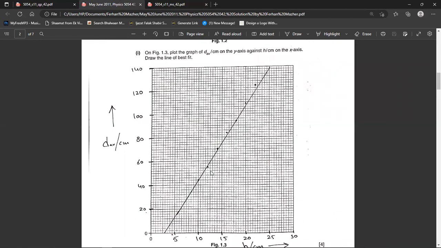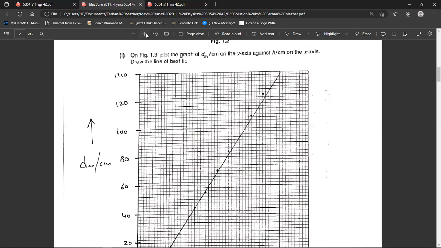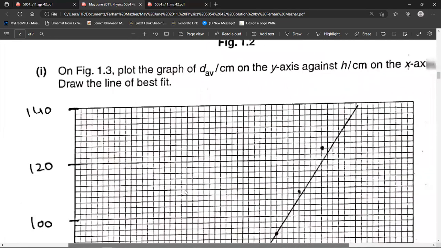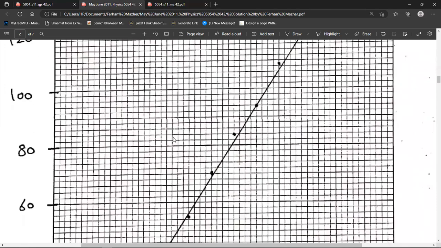The number of points left above the line and the number of points left below the line should be equal. So approximately this is the line. And the important thing is this is not passing through the origin. So this is that graph.